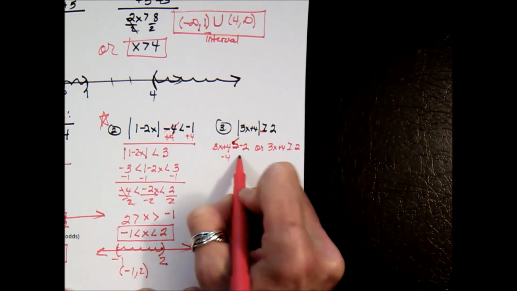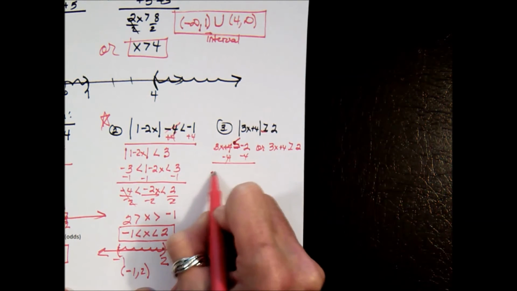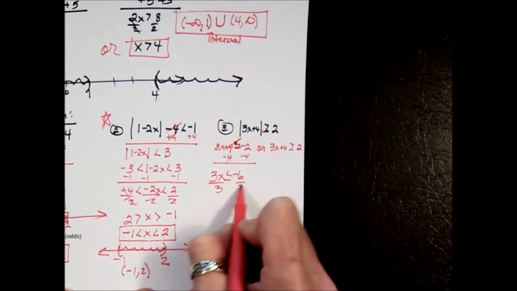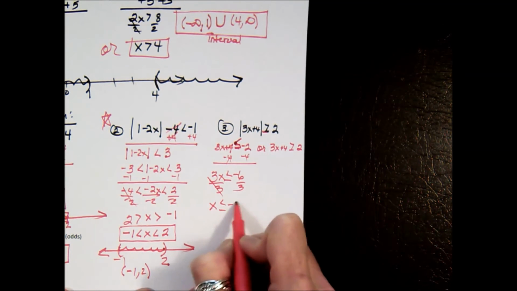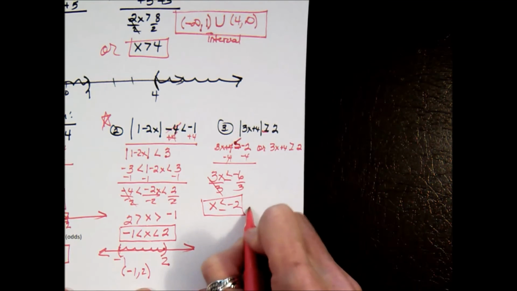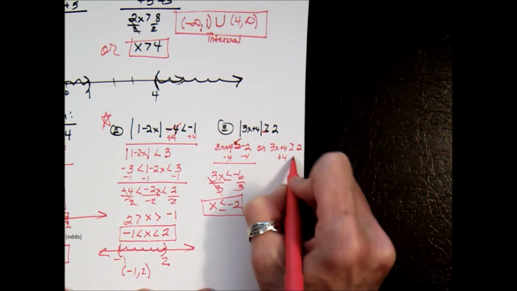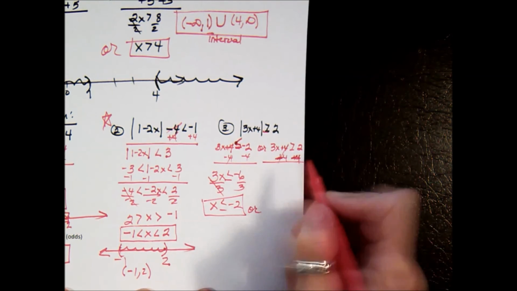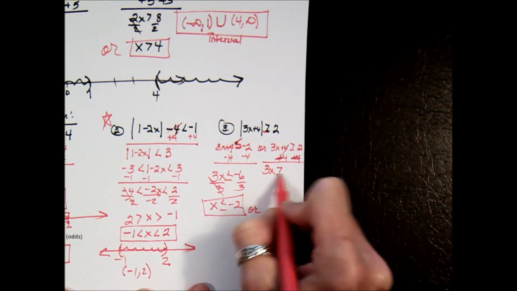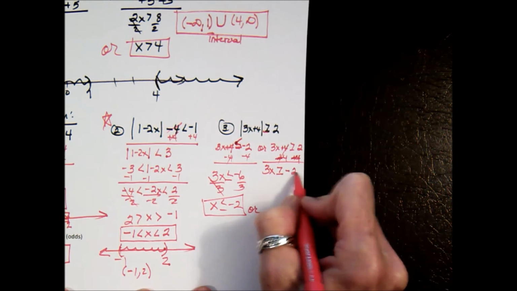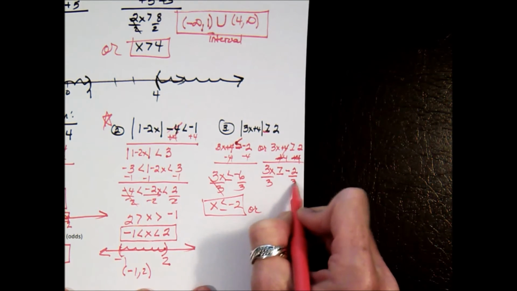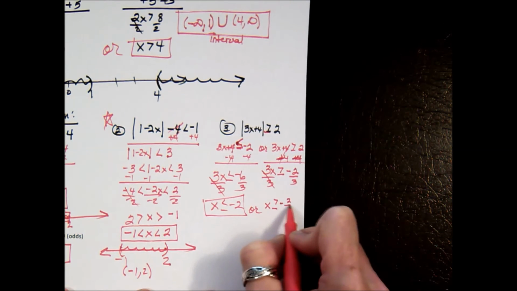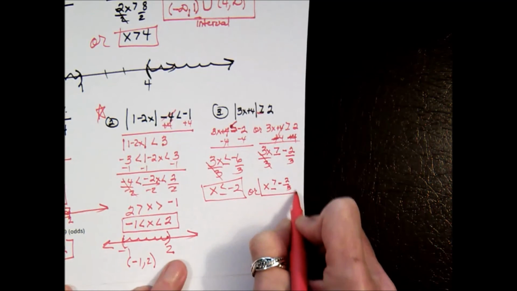Now I solve. 3x is less than or equal to negative 6. I divide by 3, and I get this. Or here I subtract a 4, and I get 3x is greater than or equal to negative 2. I divide by 3, and I get, or x is greater than or equal to negative 2/3.